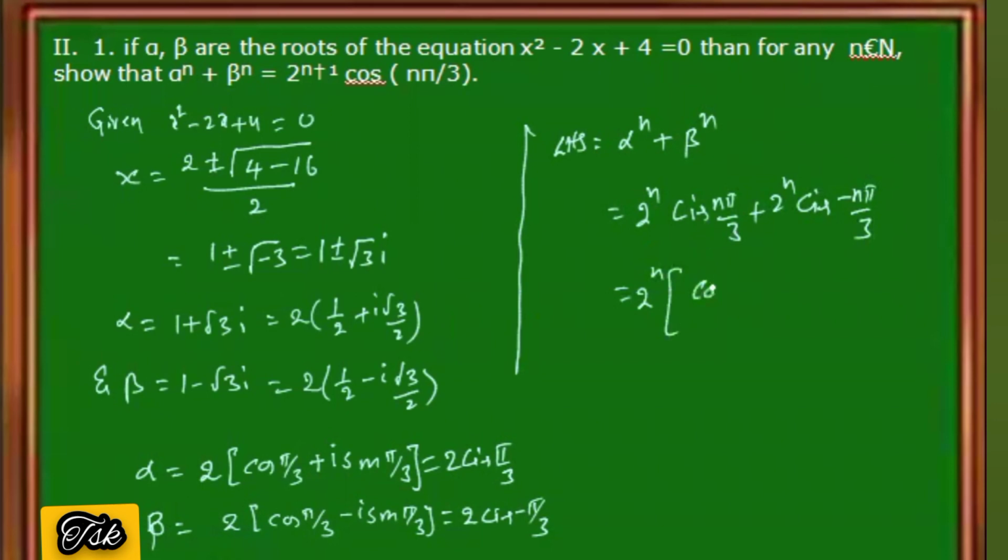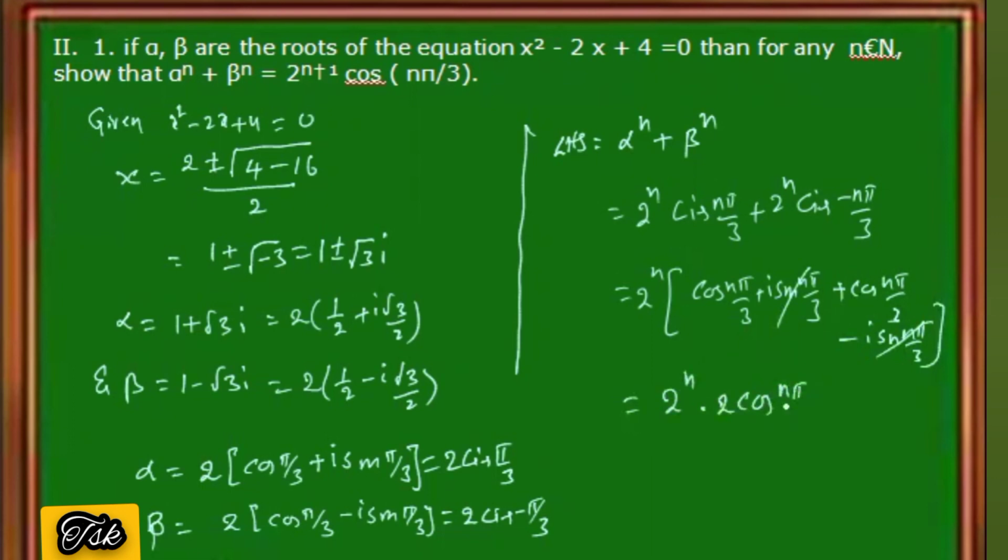Cis n pi by 3 is cos n pi by 3 plus i sin n pi by 3, plus cos n pi by 3 minus i sin n pi by 3. The minus i sin n pi by 3 and plus i sin n pi by 3 get cancelled. Remaining is 2 power n into 2 cos n pi by 3. So total it is 2 power n plus 1 cos of n pi by 3.